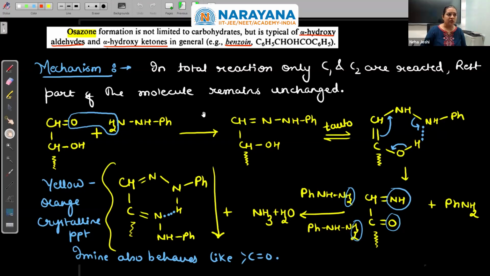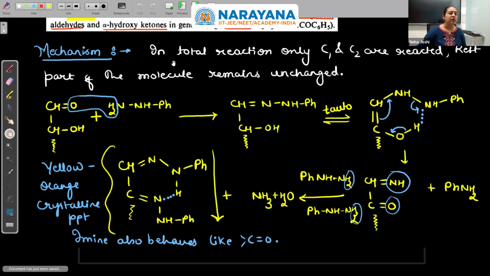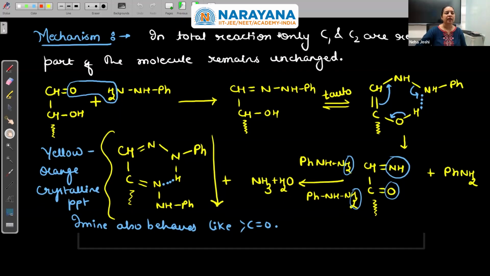Though the detailed mechanism is not in the syllabus, I'm sharing it with you. I'll try to keep it limited, not too vast, but in the total reaction only C1 and C2 react. The rest of the molecule remains unchanged.